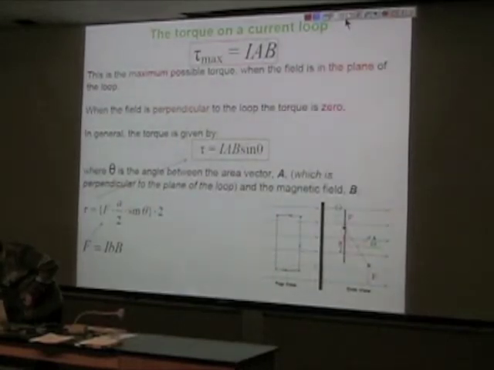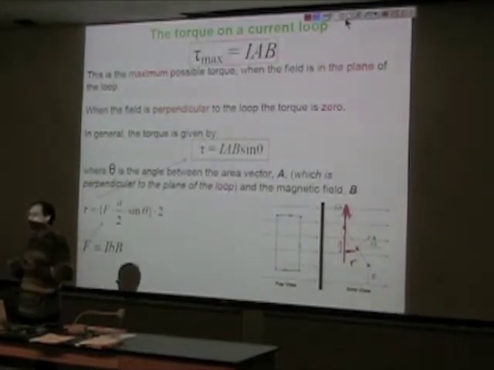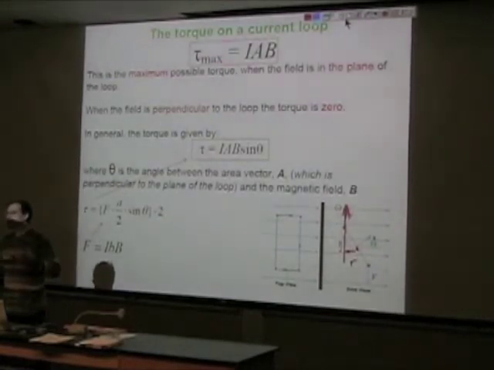So this is the line of action for the force, that's the axis. And now the distance from the axis to the line of action, the lever arm, is shorter. So now the torque is supposed to have a smaller value.